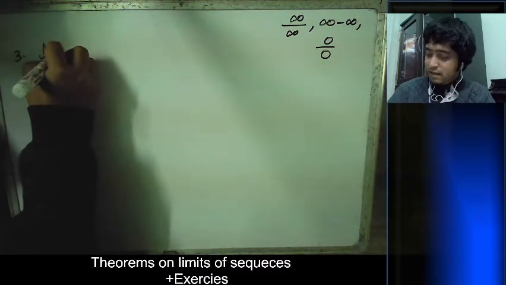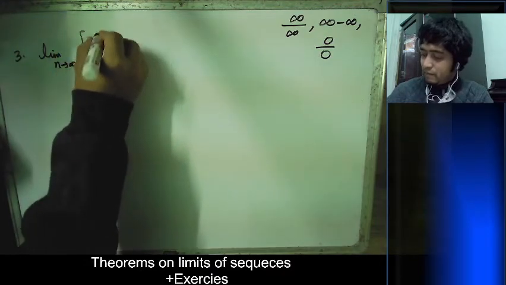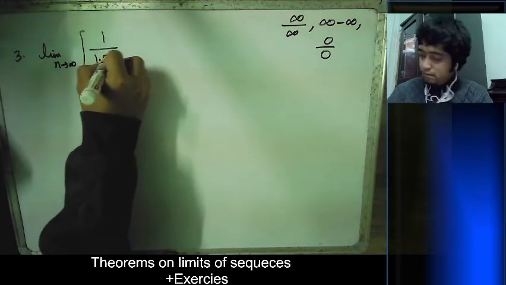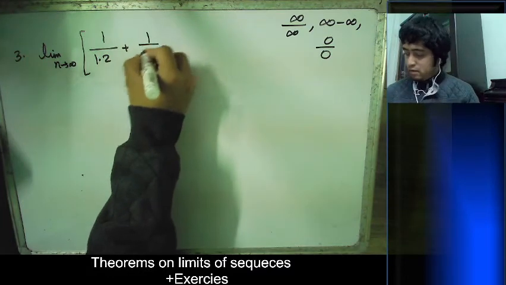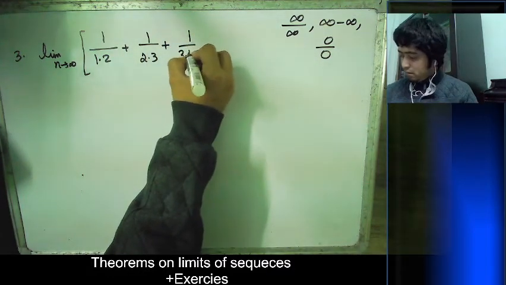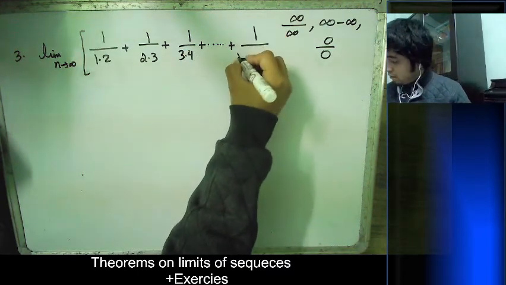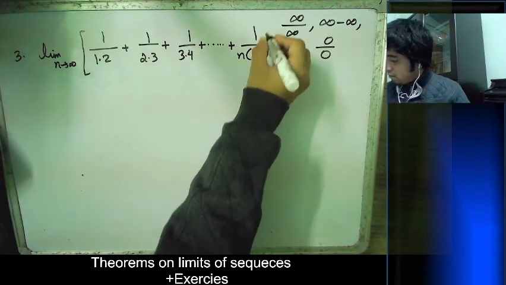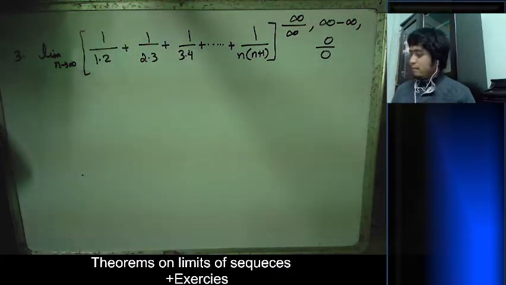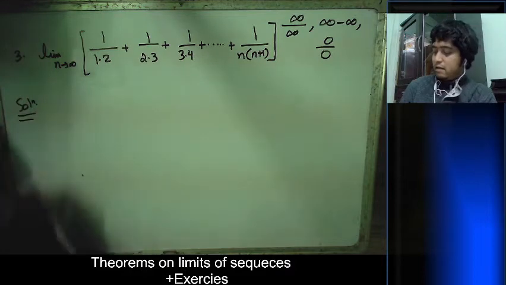Limit n tends to infinity. So how exactly do we find this limit?